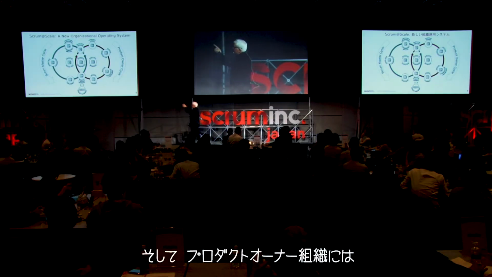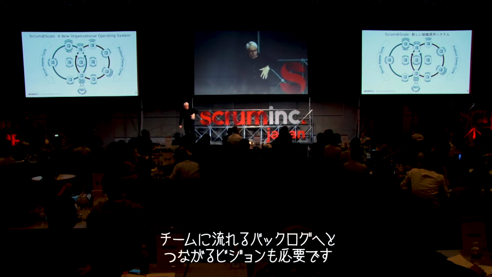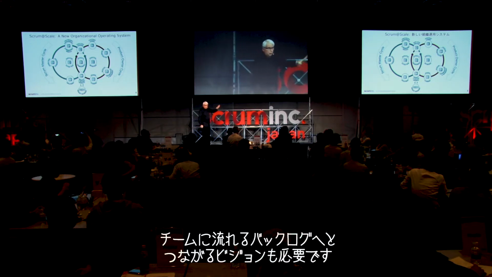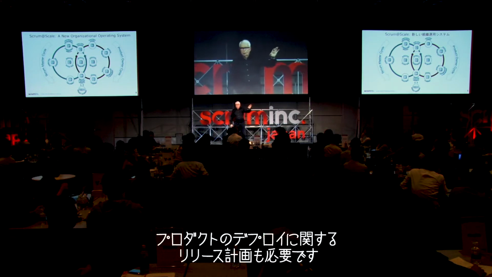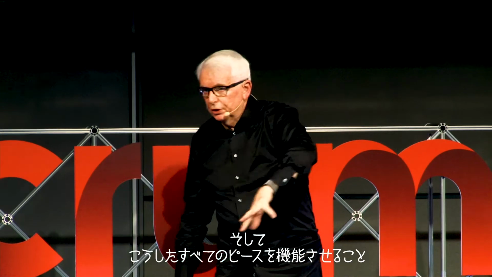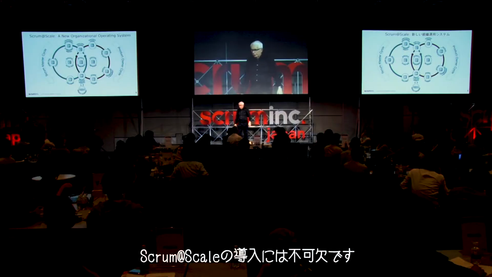And then the product owner organization needs to have a vision that translates into backlog, that flows into teams. And there's release plans that deploy that product. And getting the pieces of all this running, particularly the leadership pieces, are critical to a Scrum at Scale implementation.